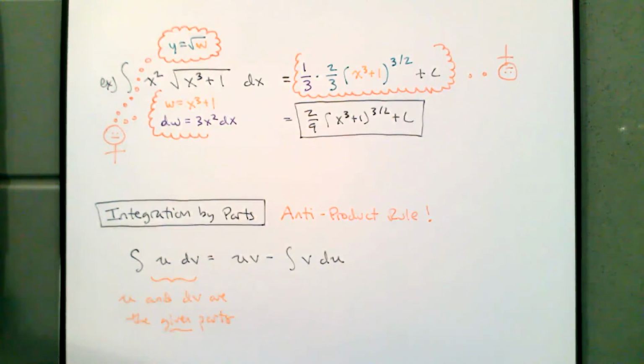This is integration by parts. U and dv are the given parts. The parts that you have to find are the v and the du.